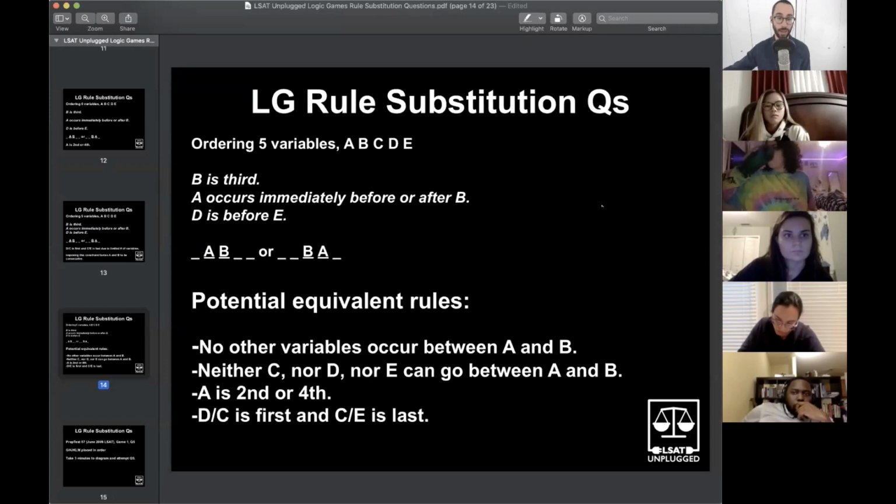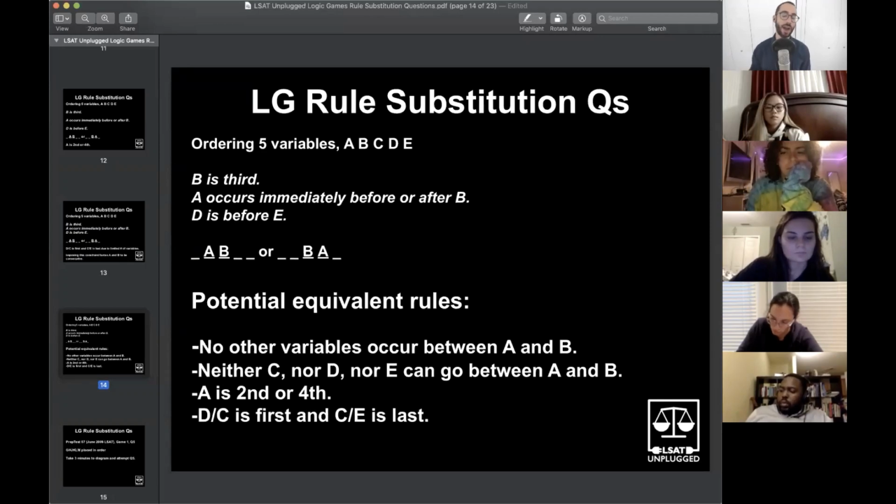They both get you to 2, but in very different ways. Or to go even one step beyond that, it could be like 2 times 1 also equals 2. That's multiplication versus subtraction, but it still gets you to the same end result. And so these 4 potential equivalent rules could all be correct answer choices for a rule substitution question.